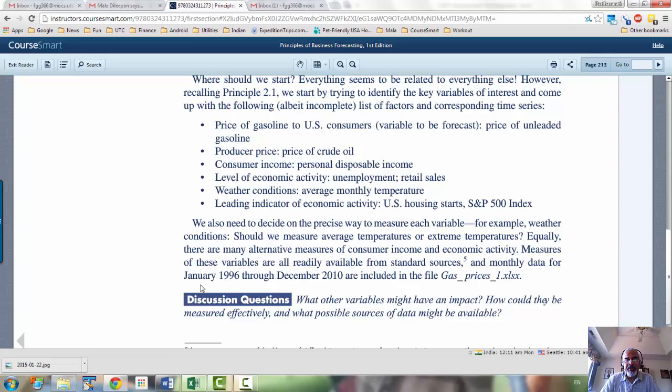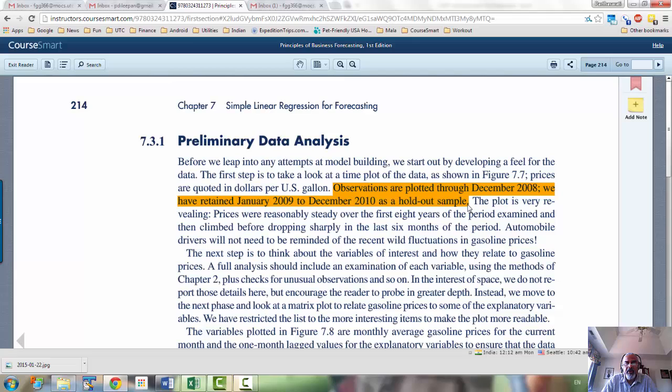Of this data, we're going to have estimation data and holdout data. The observations through December 2008 will be estimation. The balance, January 2009 through December 2010, will be our holdout sample.